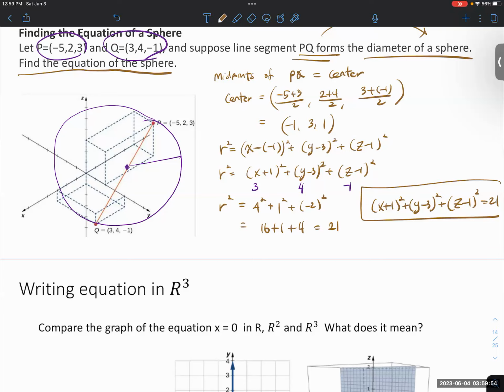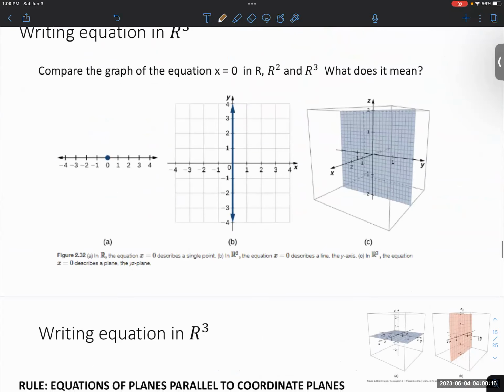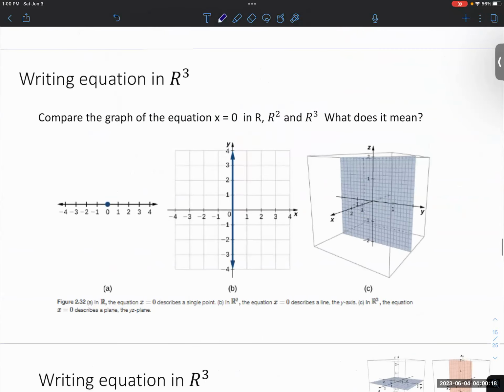Okay, so I showed you how to find the equation of a sphere by using the characteristics of three-dimensional space from x, y, z. So you can do this type of question. Now I'm going to show you the real concept, 2.2. I'm going to go down slowly. Here we go. So we are dealing with R³, which means three-dimensional space.